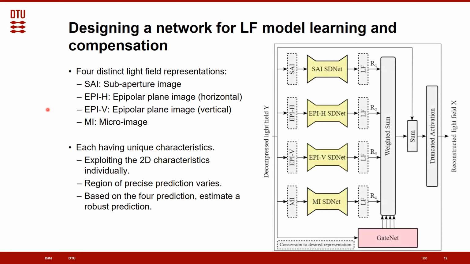For this, we chose and designed a network approach with a CNN designed for each of the 4 image representations: the sub-aperture images, each of the 2 EPIs, and the micro images. Based on this, we do a reconstruction, and then we have another network, GateNet, deciding on the weighted sum.